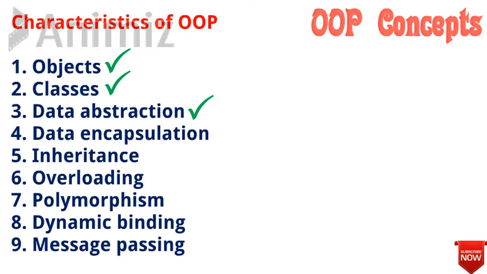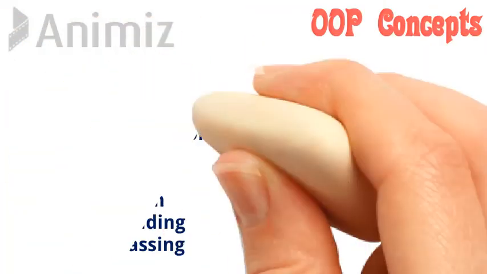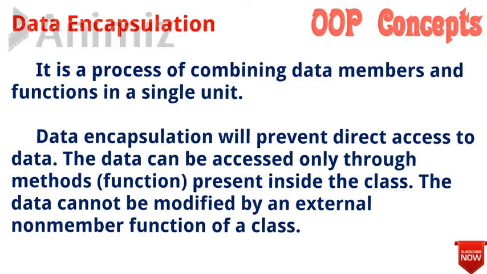Now, let us move on to the fourth characteristic of OOP, that is data encapsulation. Data encapsulation is a process of combining both data members and member functions, that is attributes and methods, into a single unit. Data encapsulation will prevent direct access to data.